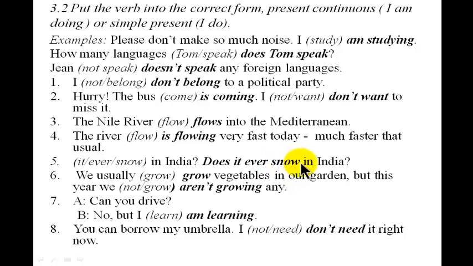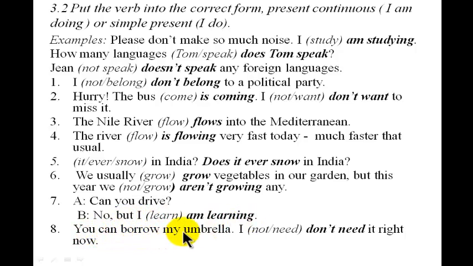Does it ever snow in India? We usually grow vegetables in our garden, but this year we aren't growing any. Can you drive? No. But we have the verb learn: I'm learning.